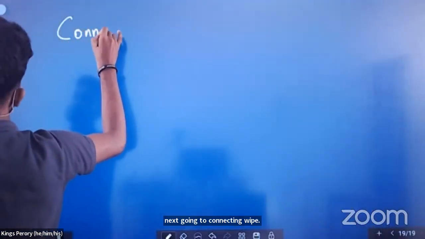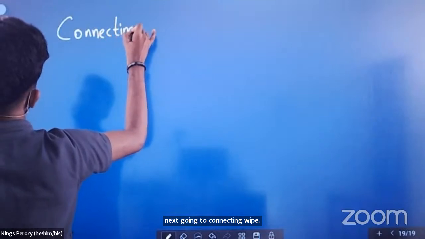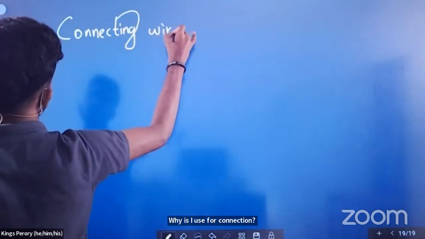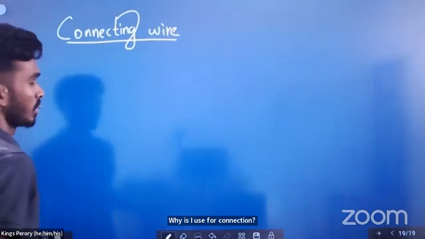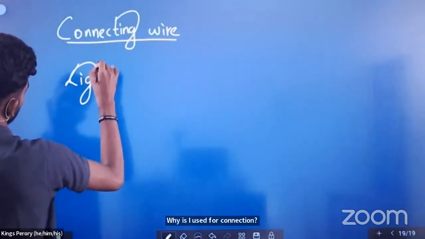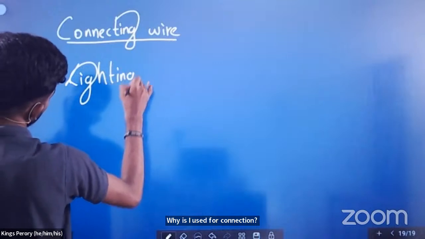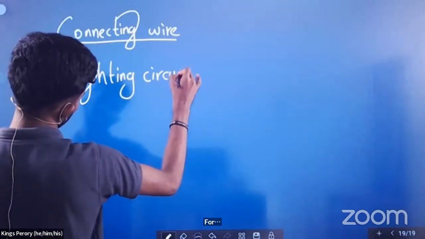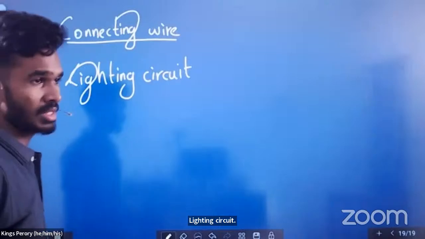Next, going to connecting wire. Wires are used for connection for lighting circuit. Now first tell me, in a lighting circuit, what's the amount of current flow?